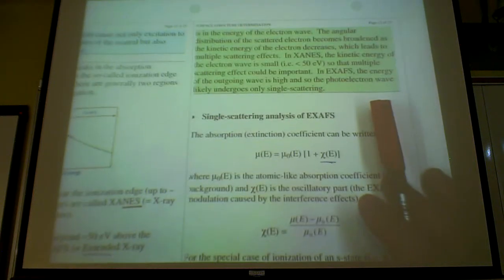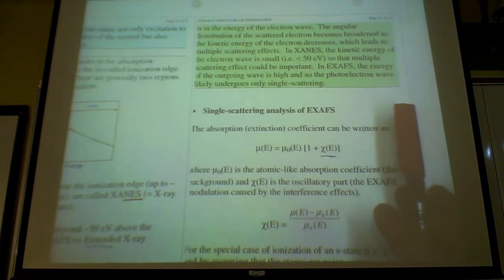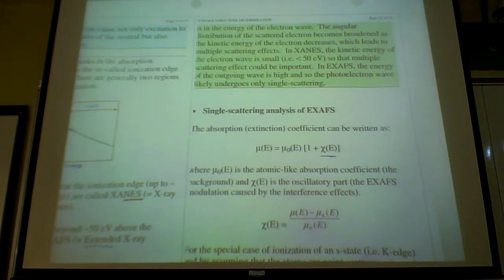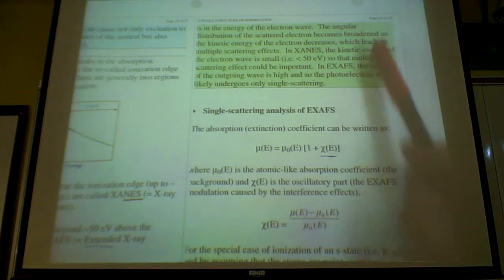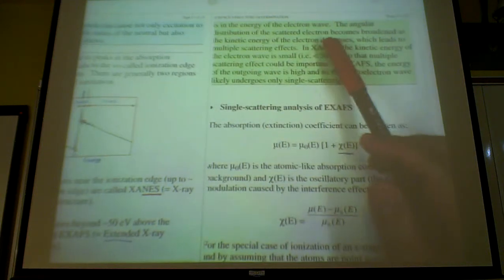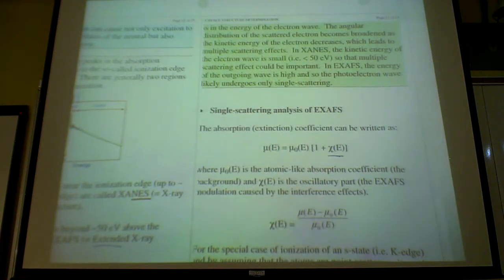And the difference between XANES and XAFS is really just the energy of the electron wave. The angular distribution of scattered electrons becomes broadened, right? Because you are talking about slow-moving, low kinetic energy electrons now. And these electron waves, because they're slow, what will happen? Whenever you're dealing with slow-moving electron waves, they will bounce around.